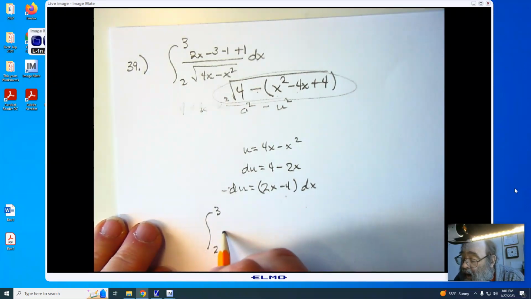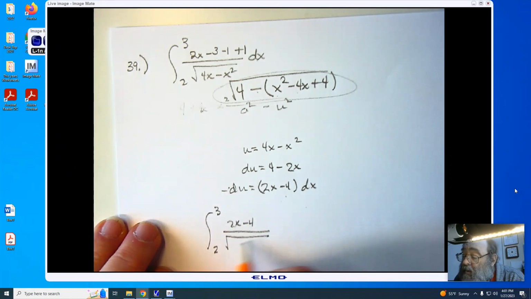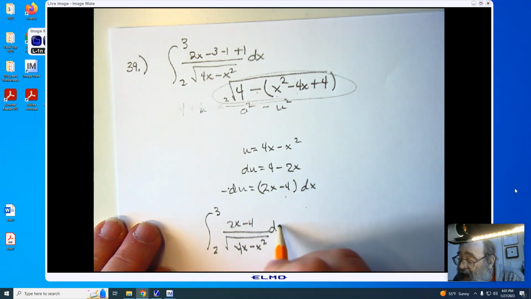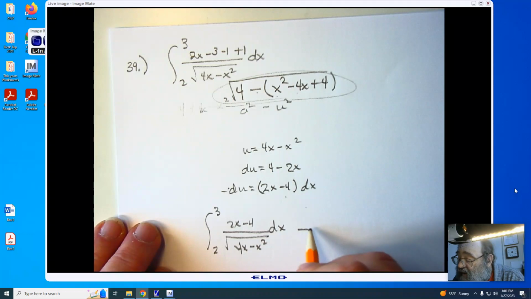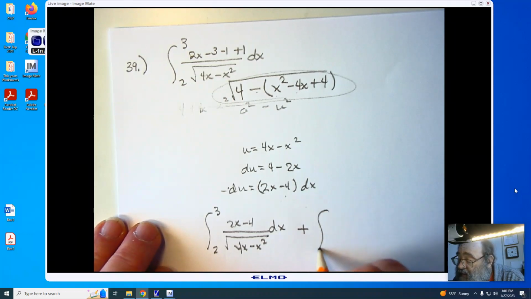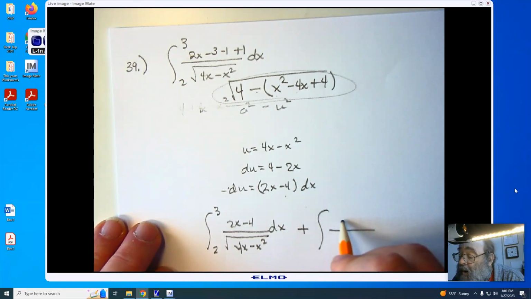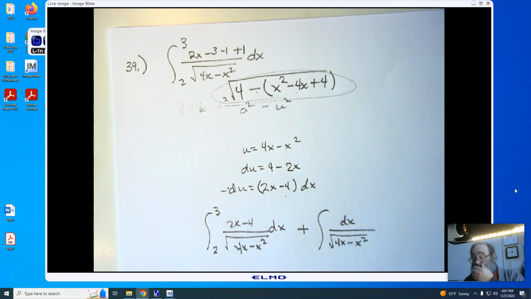The integral from 2 to 3 of 2x minus 4 over the square root of 4x minus x squared dx, and then I have a plus, and I'm looking at the integration of dx over the square root of 4x minus x squared. All right, so here we go.